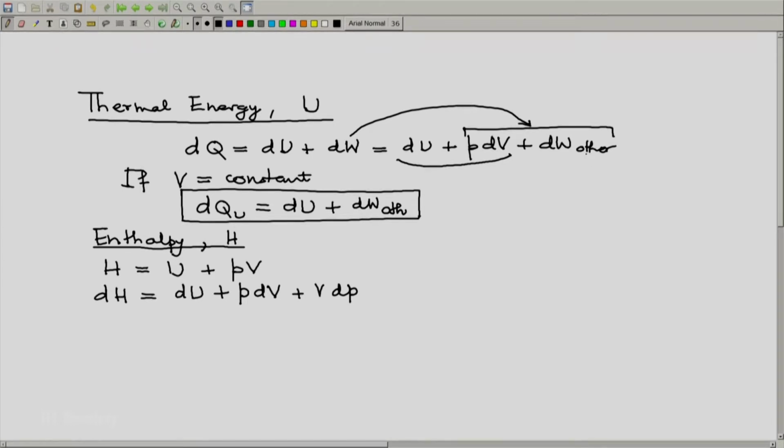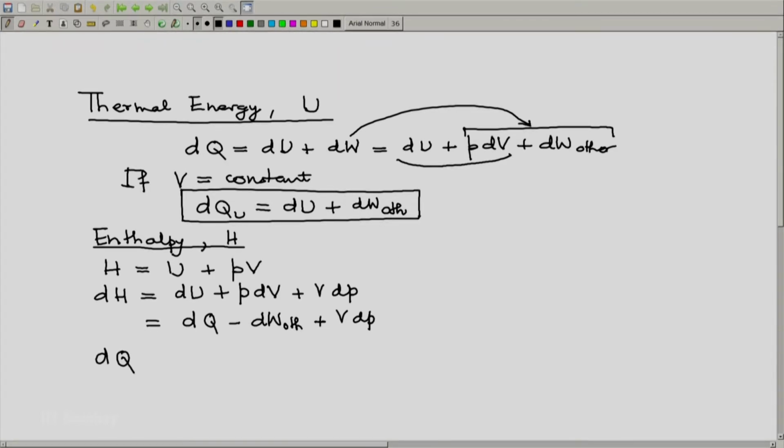So let us replace it like that, and you will get dH equal to dQ minus dW other plus VdP.